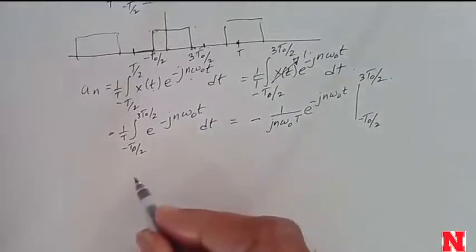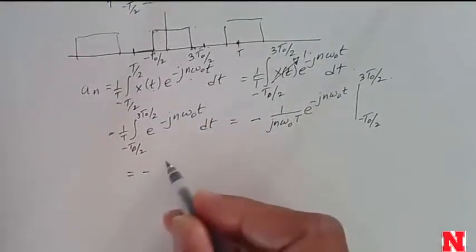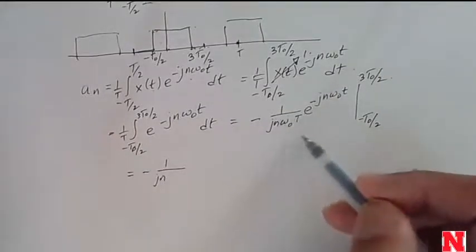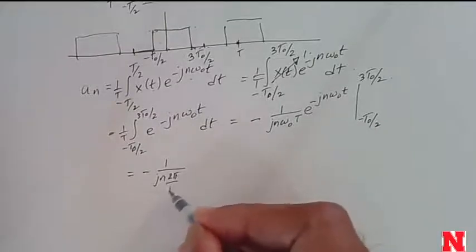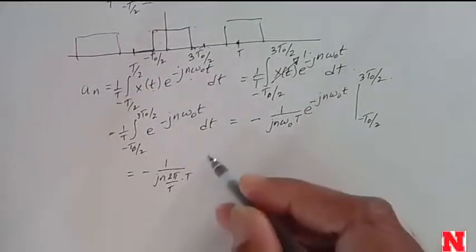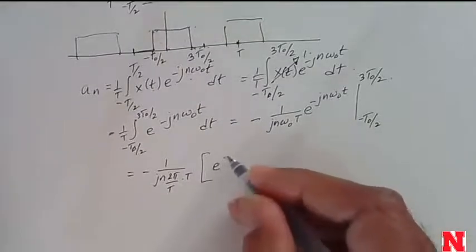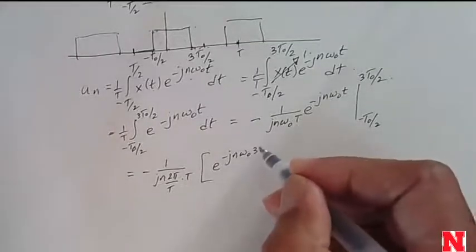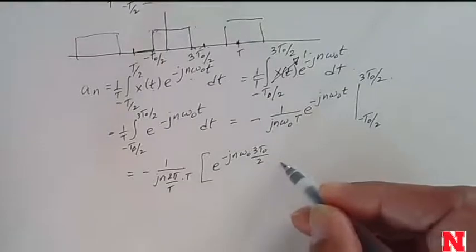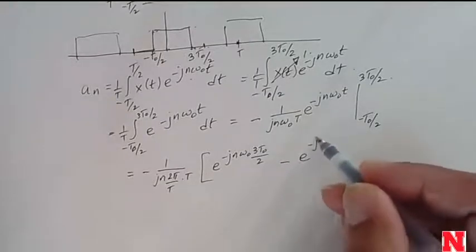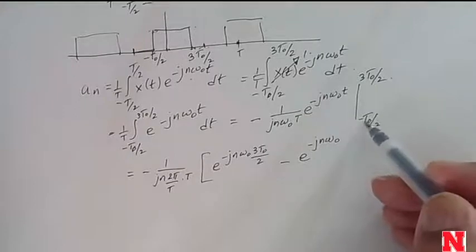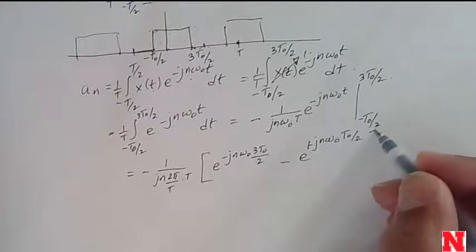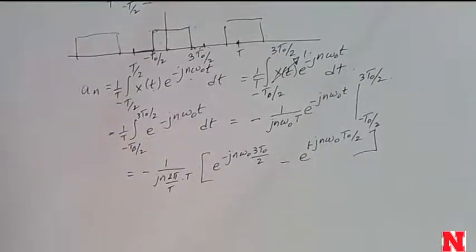Now what I can do is write this as minus 1 over jn, and omega naught I can write as 2 pi over T, times T, and then I can evaluate this. So e to the minus jn omega naught, and the upper limit is 3t0 over 2, minus e to the minus jn omega naught, and the lower limit is minus t0 over 2, so that minus will go up here, and I have t0 over 2. These T's cancel out.